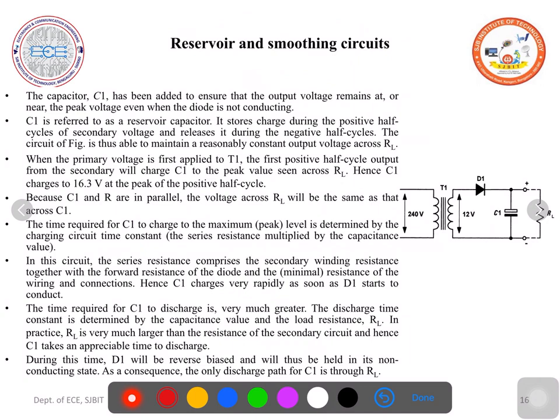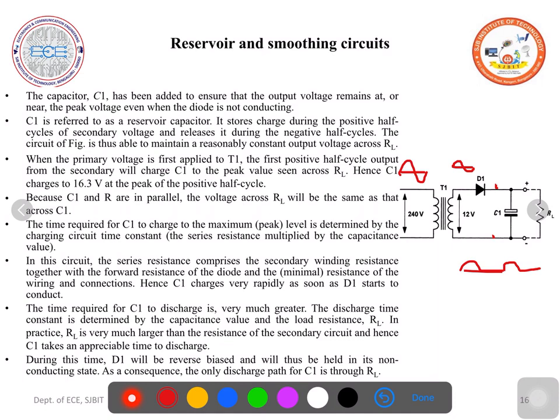Now let us move on to the reservoir and smoothing circuits. As you know, this is the input and here secondary reduced voltage. Then at the rectifier you will get the pulsated DC.